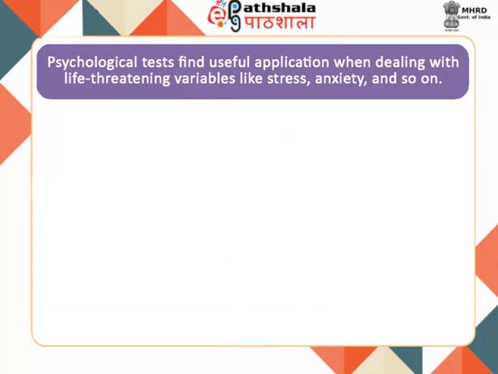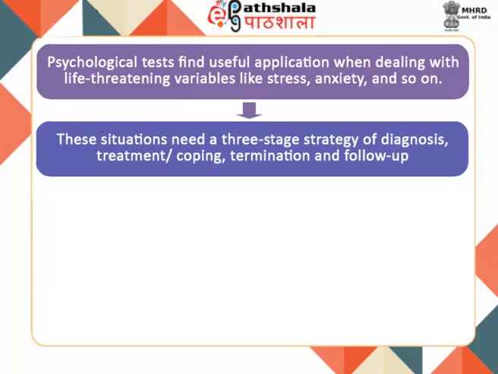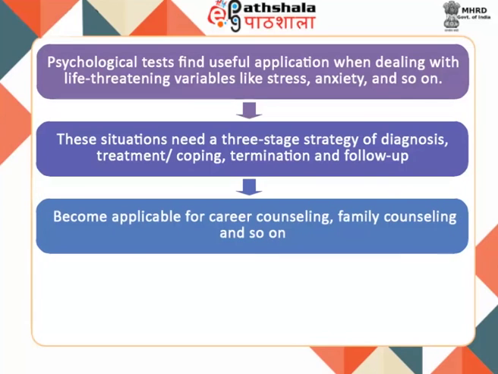Psychological tests find useful application when dealing with life-threatening variables like stress, anxiety, and so on. These situations need a three-stage strategy of diagnosis, treatment or coping, termination and follow up, and become applicable for career counseling, family counseling, and so on.